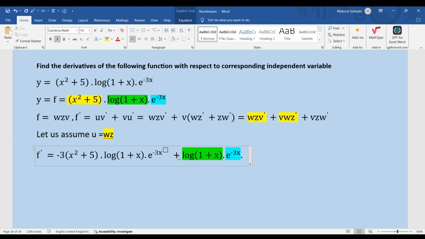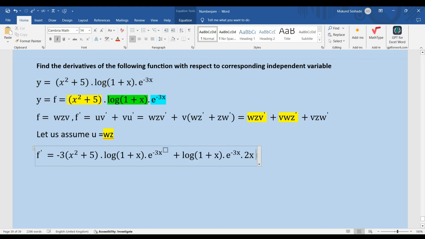So d by dx of x squared plus 5 is nothing but, using some rule of differentiation, d by dx of x squared plus d by dx of 5. So my d by dx of x squared is 2x, and my d by dx of 5 is 0, right? So that's how I arrive at expression 2, right? So I'm going to remove the color, folks.